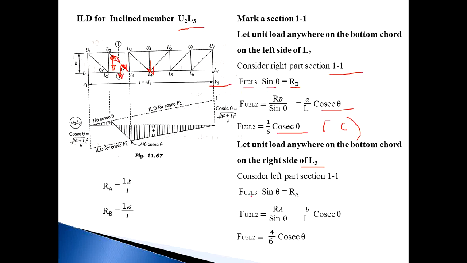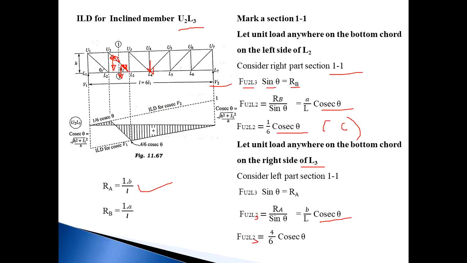The y component for this U2 L3 member, F U2 L3 sin theta, is equal to RA. So F U2 L3 is equal to RA upon sin theta, and we know the value of RA is B by L. So B by L, and 1 upon sin theta is equal to cosec theta. Suppose the load lies on the L3 point.